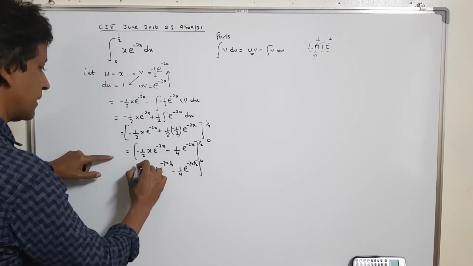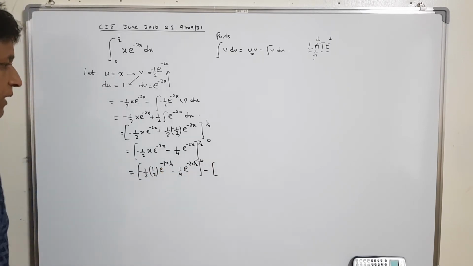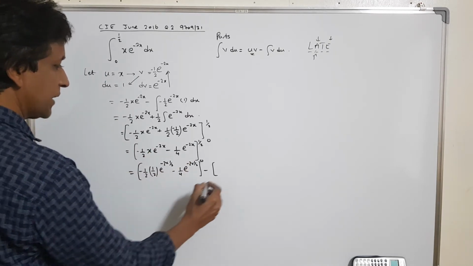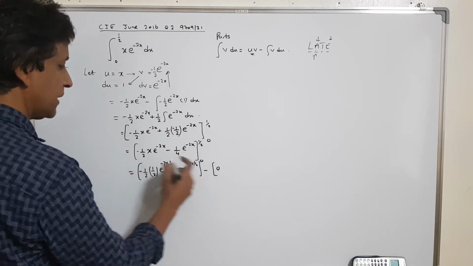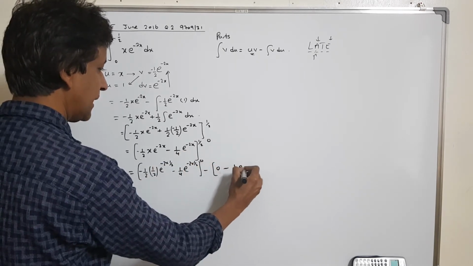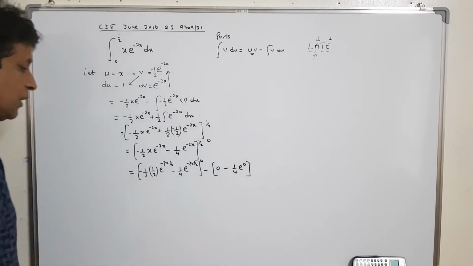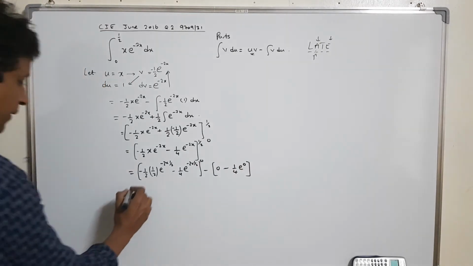That's our upper limit. Take that and minus the lower limit. So if I put 0 in here, I'm going to get 0. I put a minus, and then a quarter e to the power of 2 times 0, which is 0.